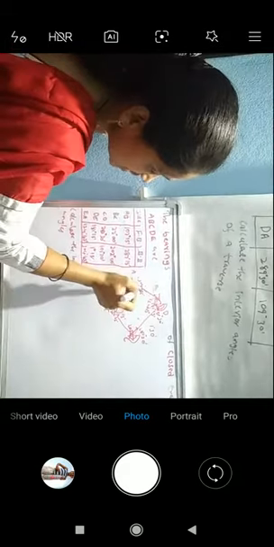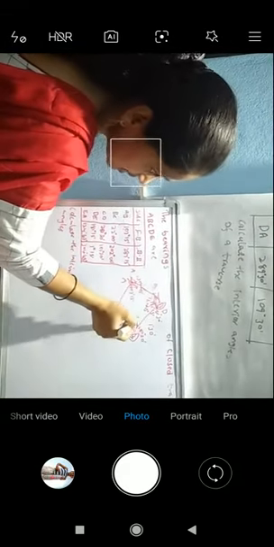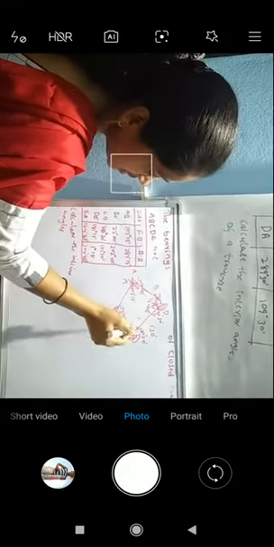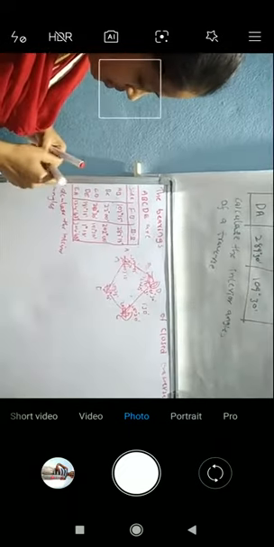For example, if we want the angle at C, so this is C. If we want the angle at this station, then you can subtract the forebearing of this station from the back bearing of the previous station. It gives the value. Okay.